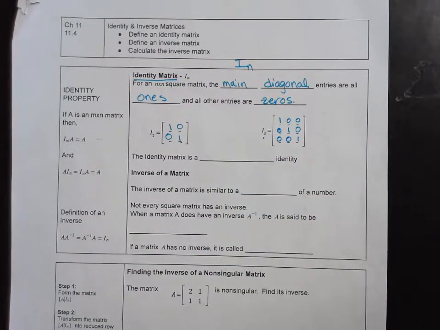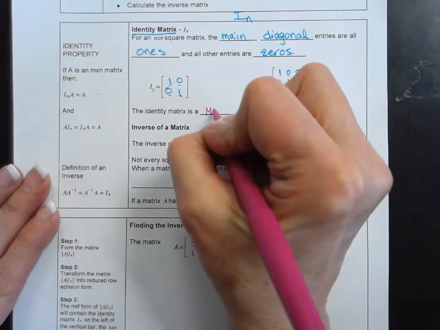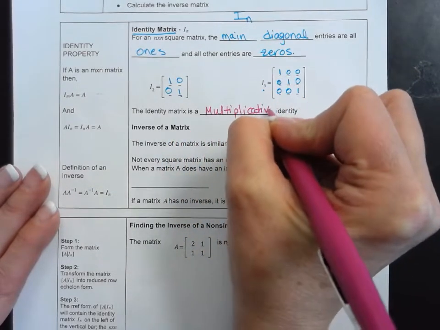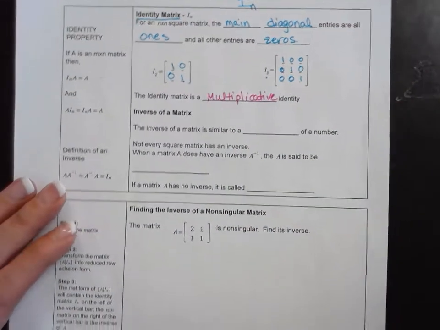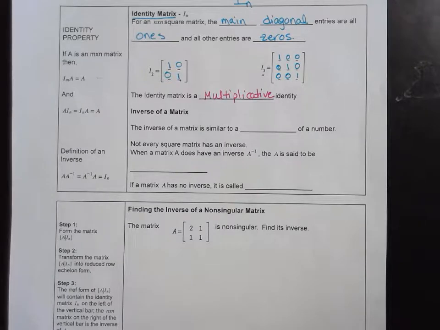Good? Okay. It is a multiplicative identity. When you multiply, all your multiplication rules go.